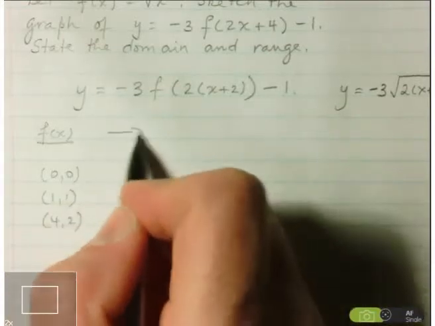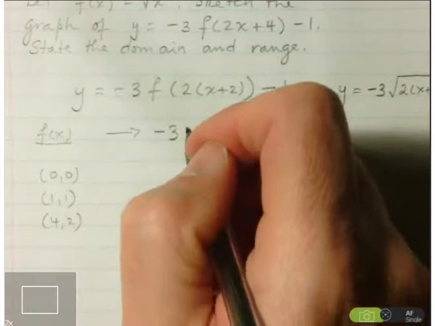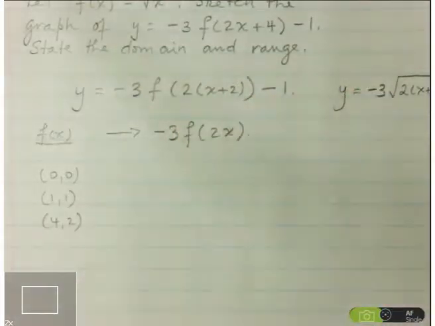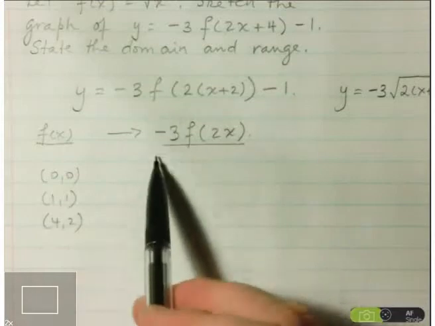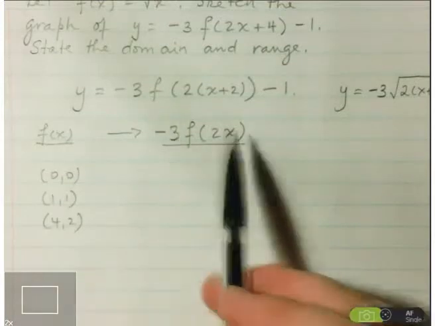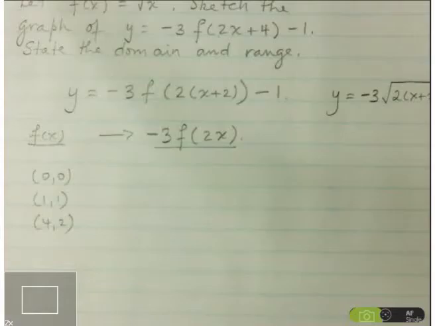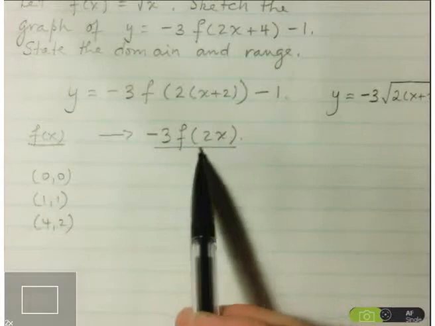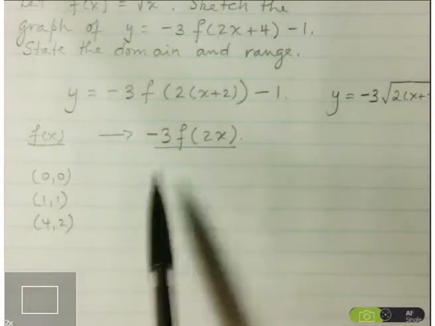So the first thing we have to take care of are the multiplicative transformations. Okay, so I'm not even going to worry about the additive ones now. So this tells us that we have to multiply the y values by -3, and we have to divide the x values by 2. So let's keep in mind that anytime we're working with a horizontal transformation, we're always performing the opposite operation on the x coordinate.